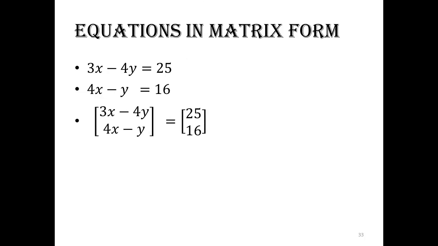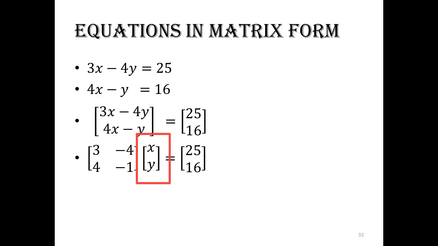The next step is to convert the left hand side matrix into a matrix of coefficients and a matrix of variables. Here in this matrix we have to find the value of x and y.